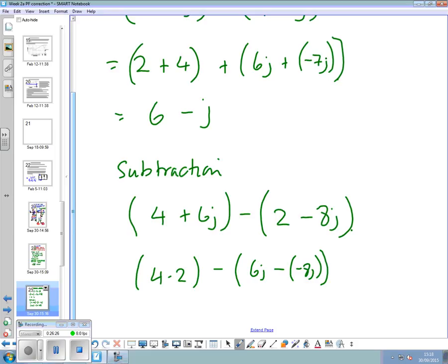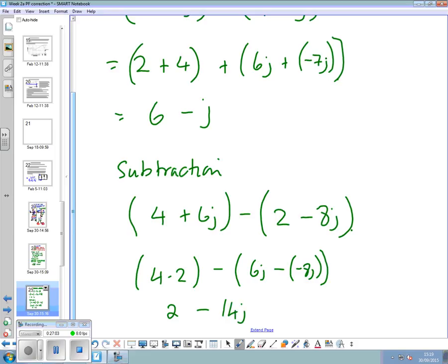2 plus 2 minus, you've got to resolve this bit on its own. 2 minus 14j. Minus 6 minus 8. Yes, so on this in brackets, 6 plus 8 is 14.